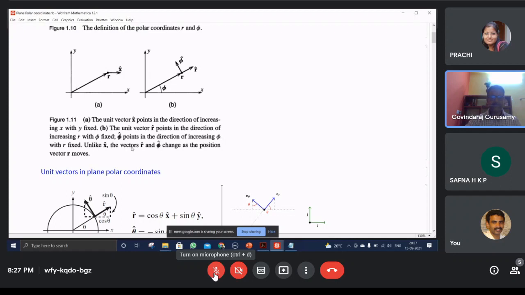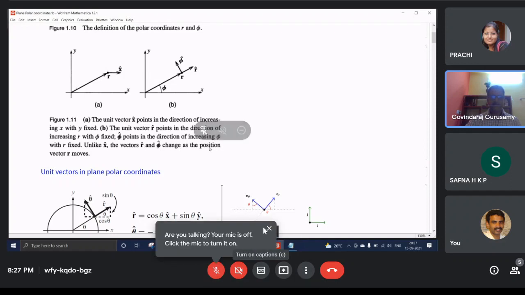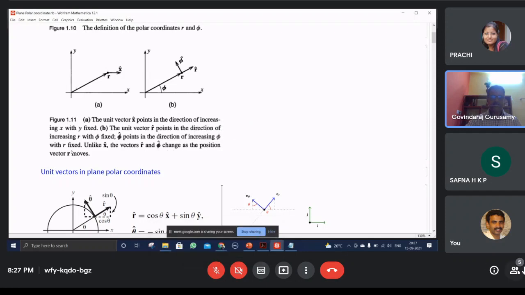Both the unit vectors change as the position vector r moves. When it is moving, this is changing, this is changing, whereas x cap and y cap don't change. When you are moving in this direction, x cap and y cap are fixed wherever you are. You simply go on, but the directions of these are fixed.